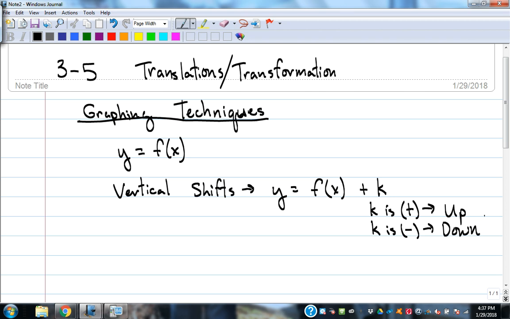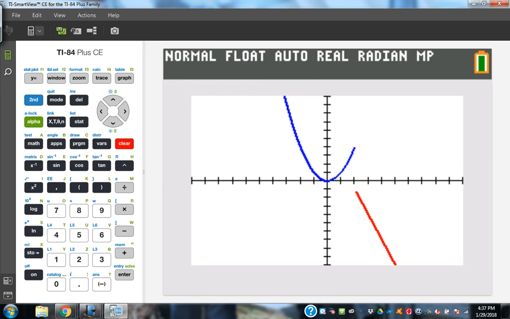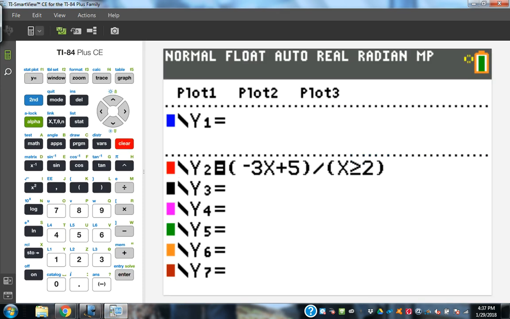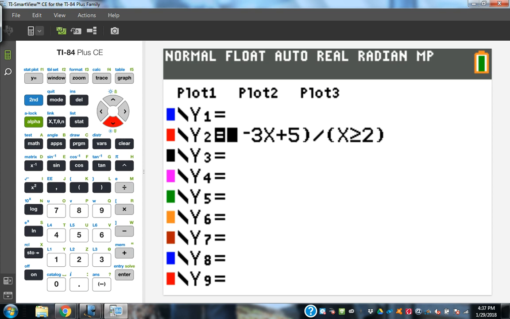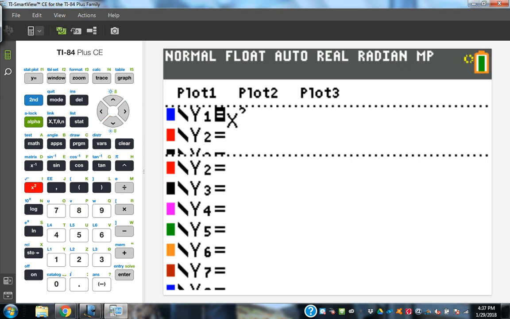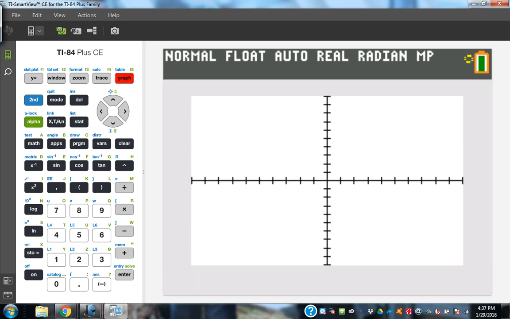An example of this: I'm just going to reference the graphing calculator a little bit to give you some ideas of what's going on. If our function was just the original x squared, here's what the original graph looks like.